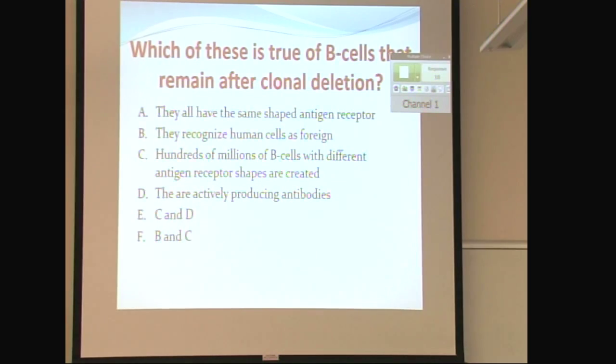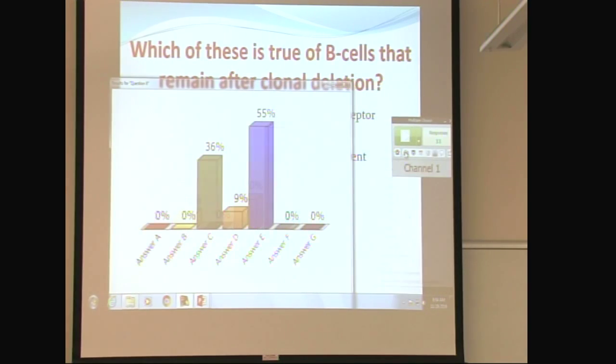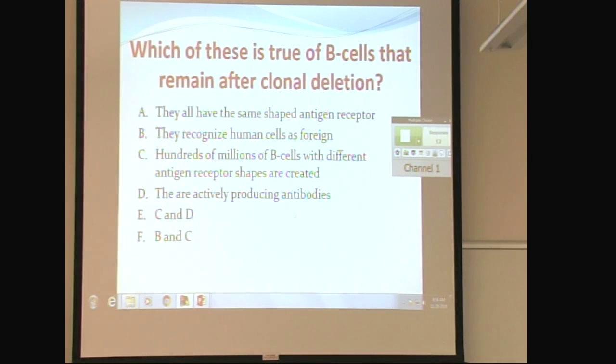All right, so which of these is true of the B cells that remain after that process? We're trying between C and E, and the answer is C. It's the only answer. I put D on there because people know that B cells produce antibodies, but not right away. You'll see how that happens.